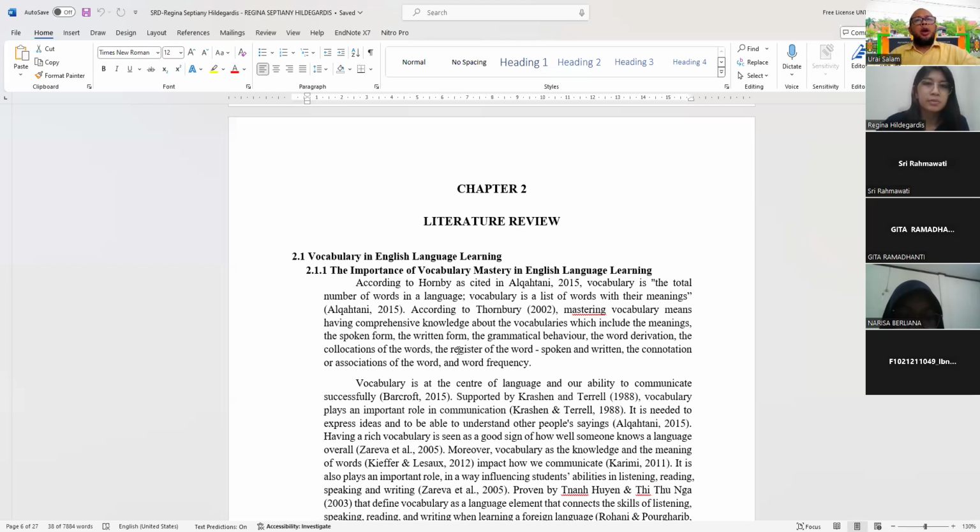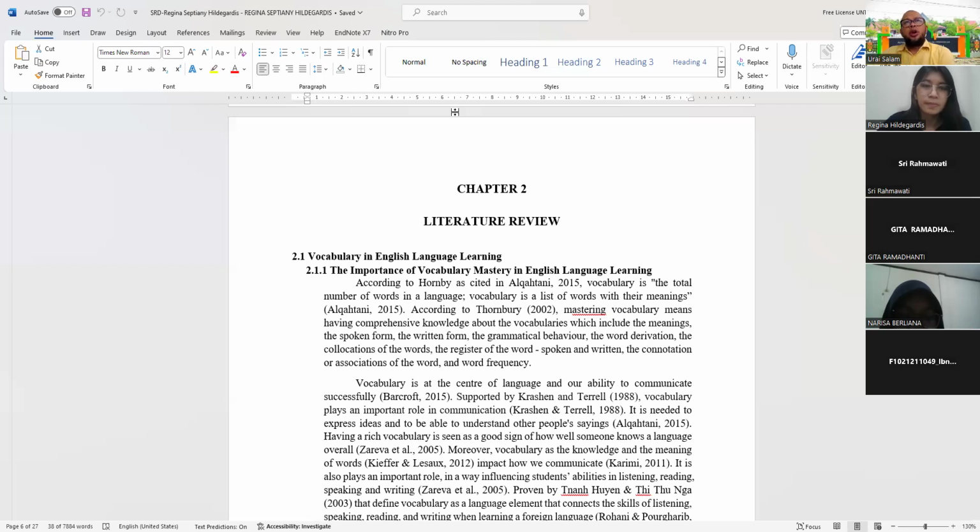People who have a good, positive perception will learn better. But if they have negative perceptions, usually they try to reject or ignore the ideas. That's why perception is the good start before attitude.